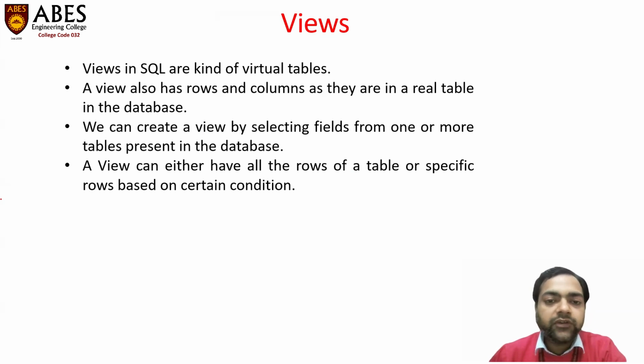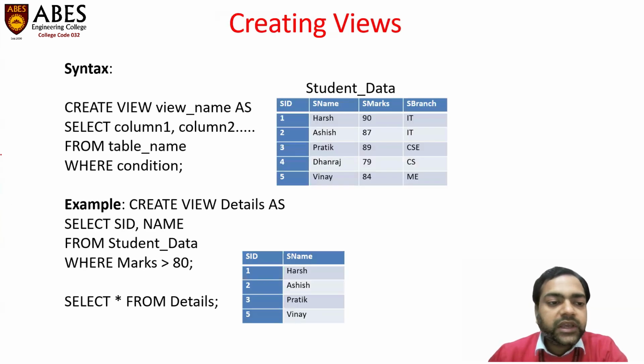So views are used to easily access data that is frequently used. Now we will discuss how we can create our views. Here you can see the syntax for creating a view.